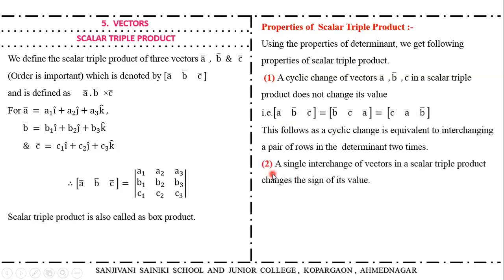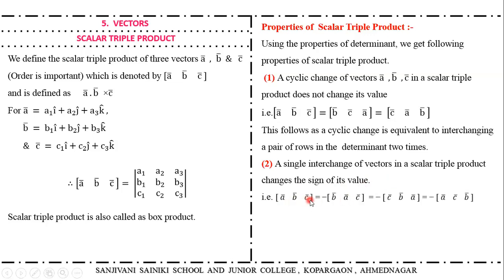The second property is that a single interchange of the vectors in a scalar triple product changes the sign of its value only. If we change any two rows, the value of the determinant changes by sign. So because of that property, the scalar triple product will change its value by sign only.